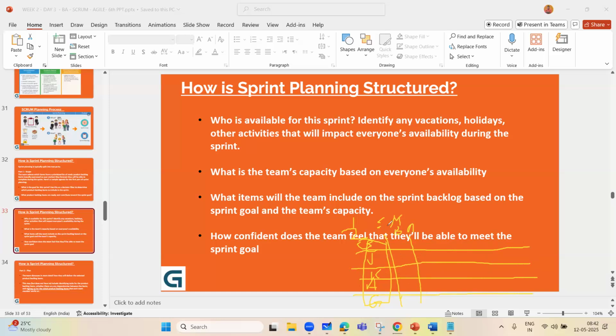Say, for example, the available capacity is 9 hours for each. 9, 9, 9. So 9 hours is not going to be their productive hours, is it? No. 9 minus 1 hour, say 1 hour is break, means 8 working hours. Yes or no? Yes.